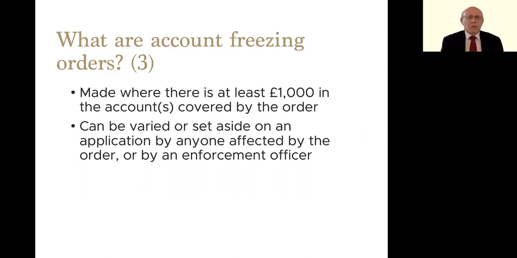So anyone affected by the order doesn't mean just the account holder, and an enforcement officer doesn't mean necessarily the enforcement officer who originally obtained the order. So an application can be made to the magistrate's court to have the freezing order varied, to have it set aside, or indeed extended.